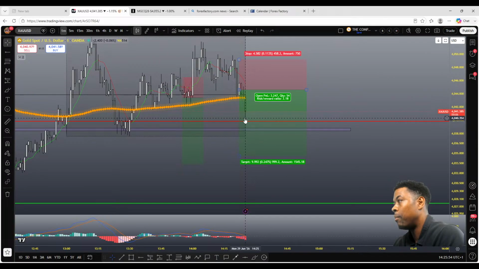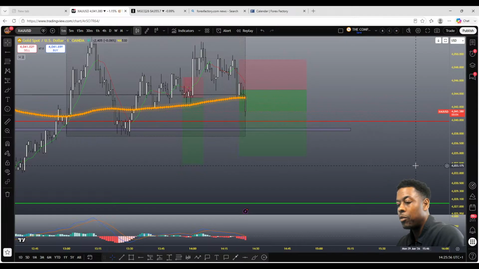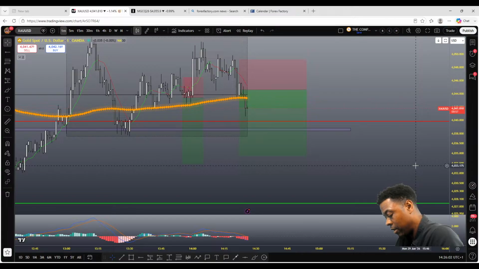So once that closed quite bearish, might have to move our stop loss to break even, just in case price decides to jump up. But honestly, I like to move my stop loss when it has to get at least 50 pips in profit. So price needs to get around 40.39.